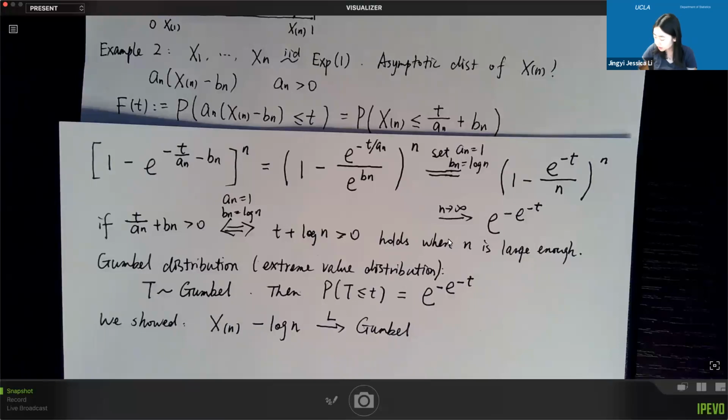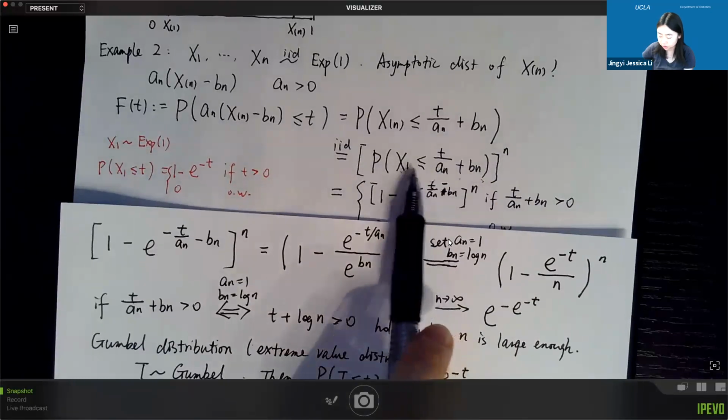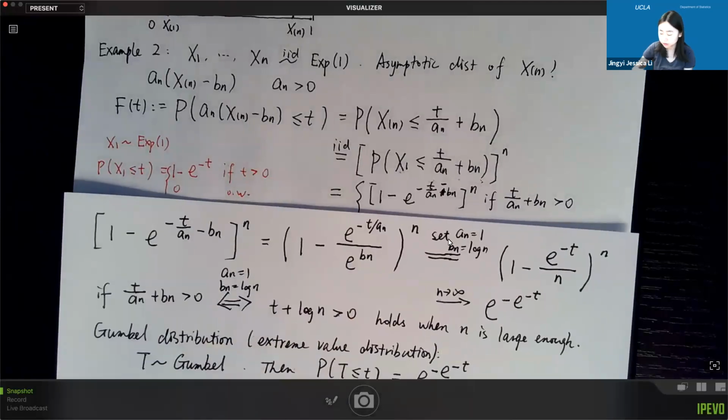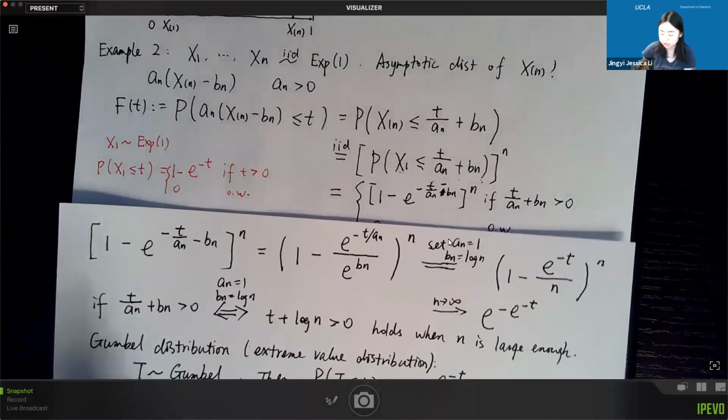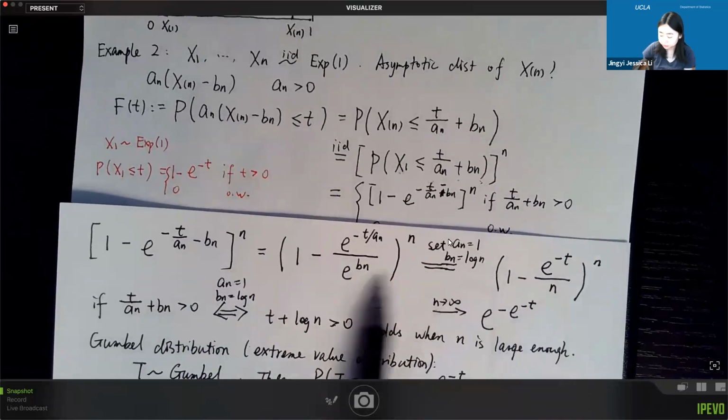And I think this example is to let us get familiar again with this derivation of the CDF. We didn't do anything fancy. We're just getting the CDF function of an times xn minus bn, and then we find the limit for the CDF.